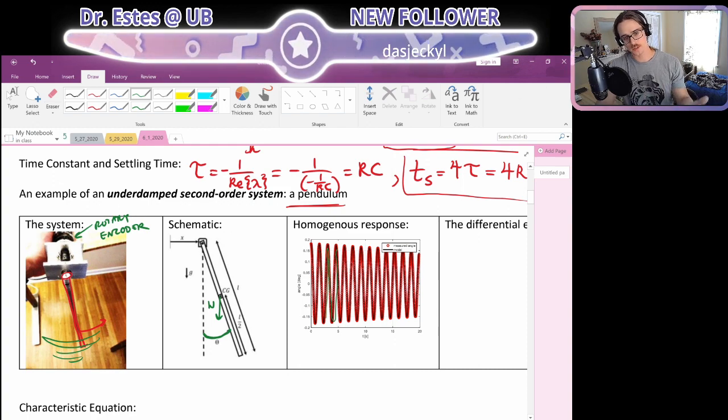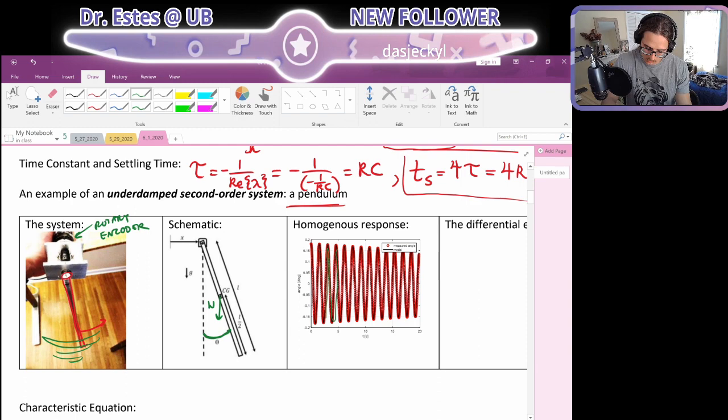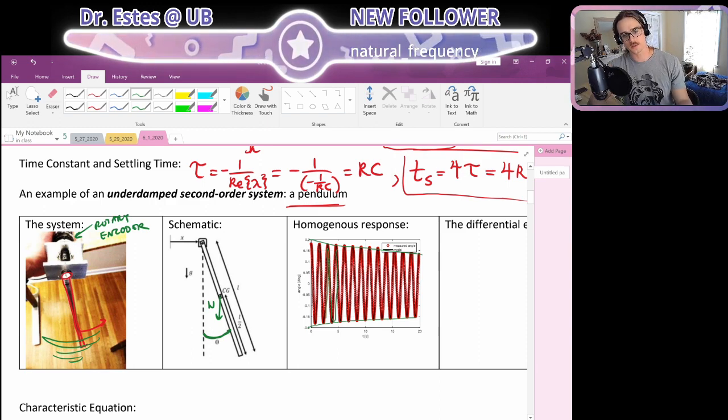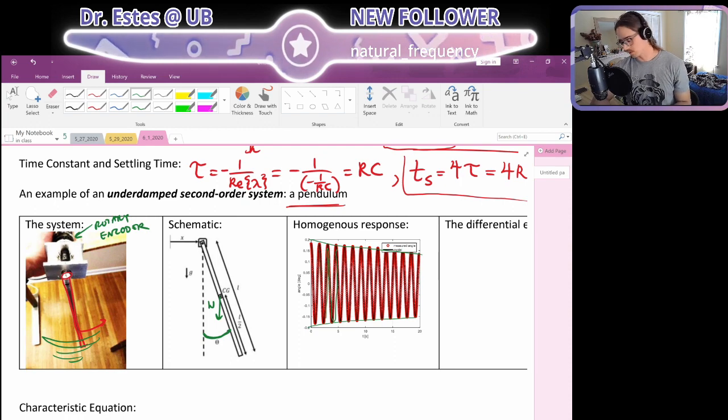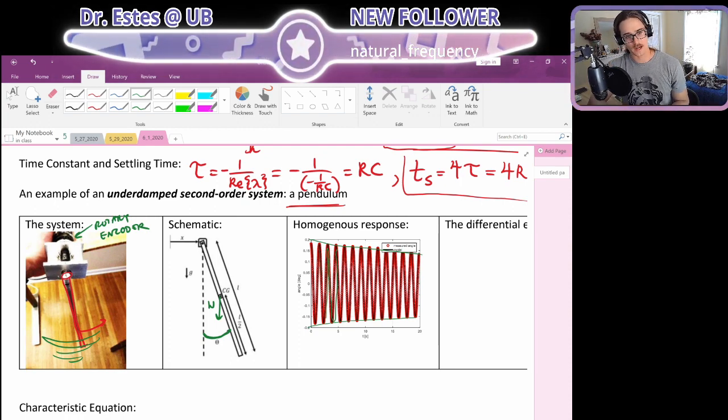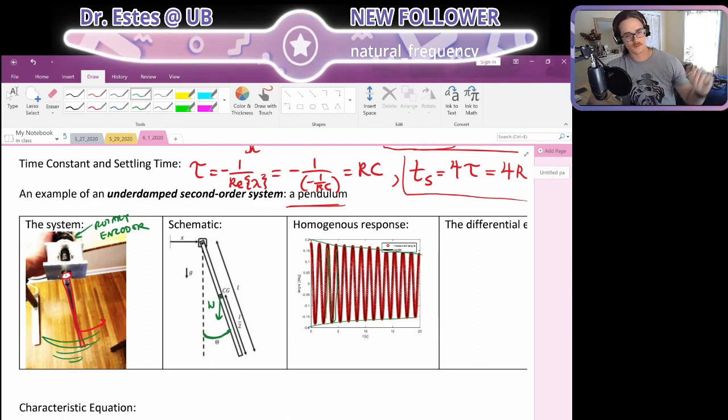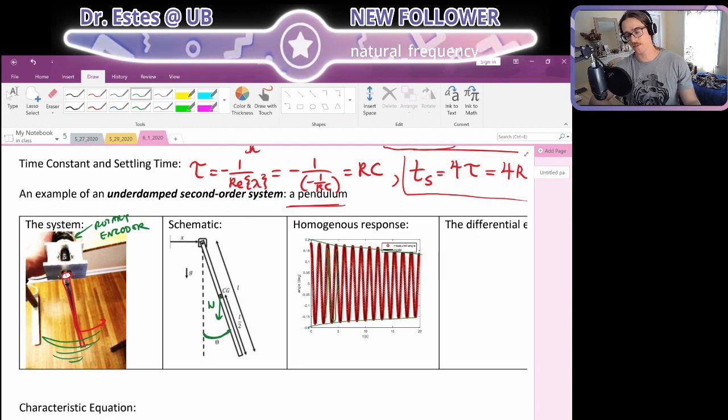So it's sinusoidal. It oscillates. And further, if you make the envelope function on here, you see that it decays with time. So no pendulum on Earth is just going to go back and forth forever. Energy slowly leaks out of the system because of a little bit of air resistance, a little bit of friction in the joint.